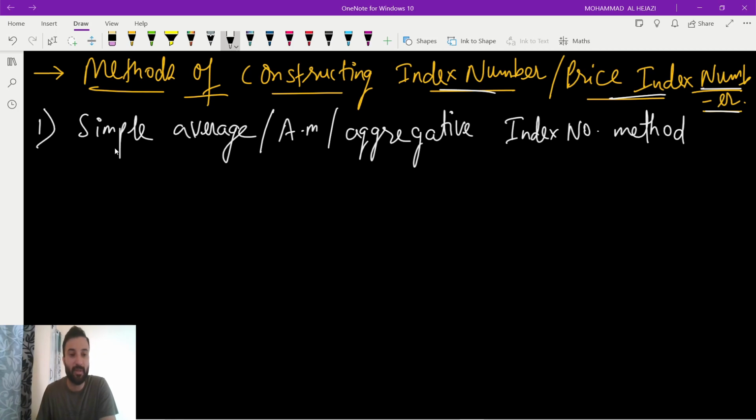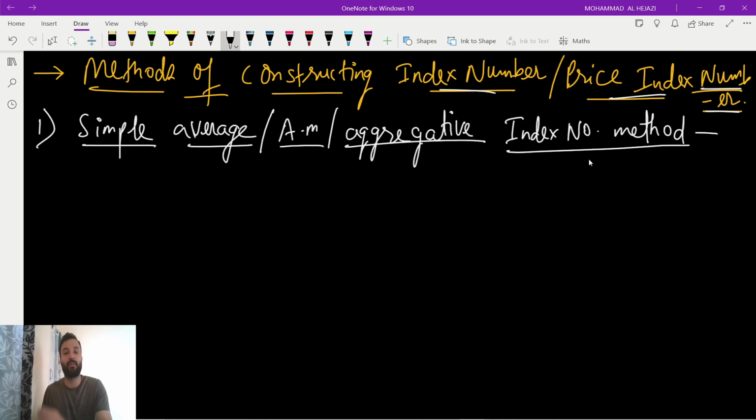In the examination sometimes they will ask, find the simple average index number method, or sometimes they will say simple arithmetic mean index number, or simple aggregative index number method. All are the same, because we know average is arithmetic mean or aggregative, all are the same. So just remember the name, the method name and the formula. That's it. Right. Just a minute.